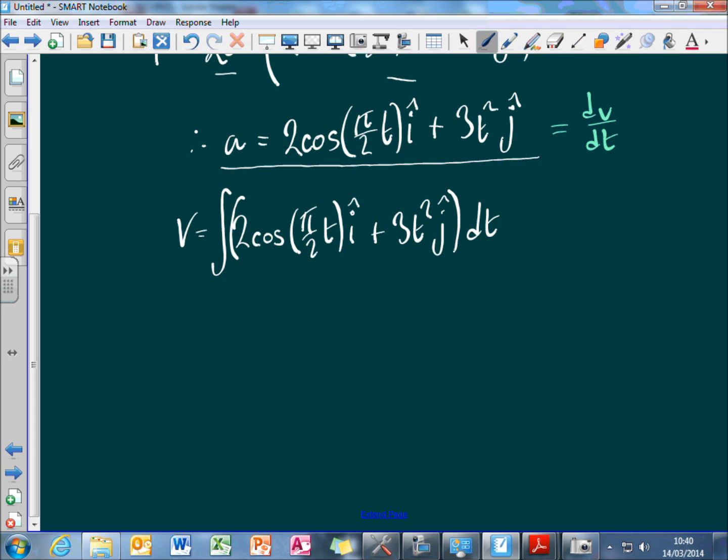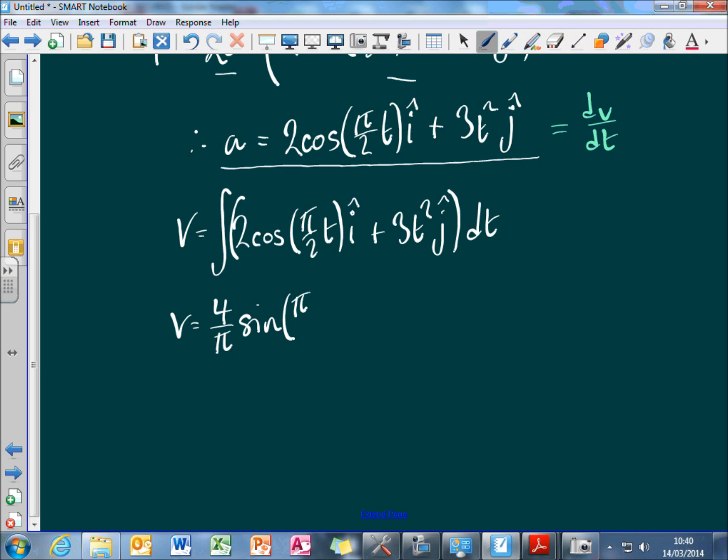Okay, so let's see if we can integrate that. What does this first bit, 2 cos(pi over 2 t), integrate to? Yeah, that's 4 over pi sine(pi over 2 t). Yeah, that's right.